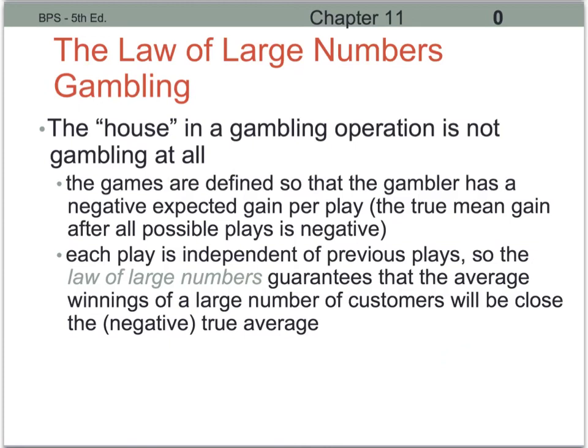In other words, the true average gain after all possible plays is negative. And since each play is independent of previous plays, we know by the law of large numbers that the larger the number of customers that come in and gamble there, the closer and closer the house will come to achieving that true average that's negative.